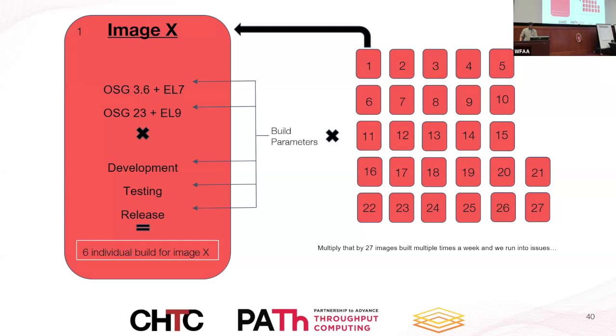In this case, for image X, we are building the image based on the parameters that you can see up on the screen. And a lot of times this causes a lot of images to be built that we don't actually need. So they're just redundant. And if we multiply this across all of the images that are currently in the repository, it becomes a big problem because we have, I think it's 27 images in the repository. So we have a whole lot of redundant images being built.